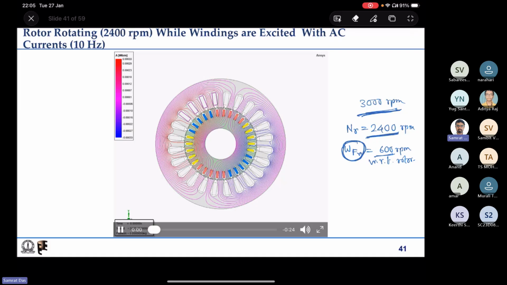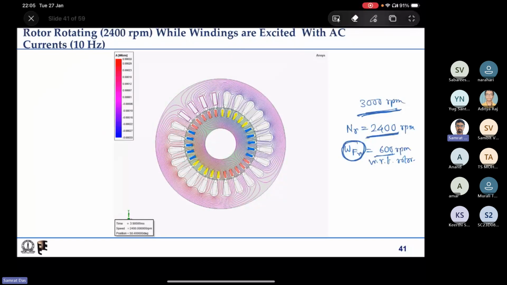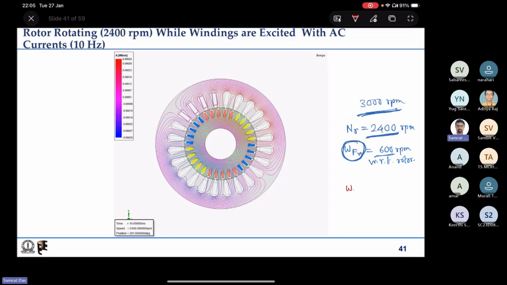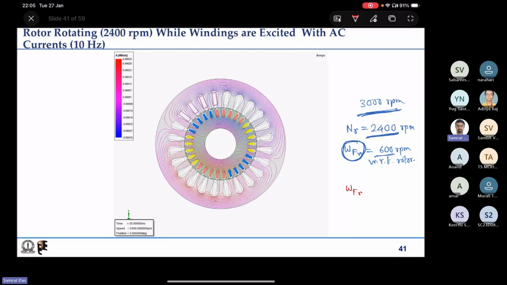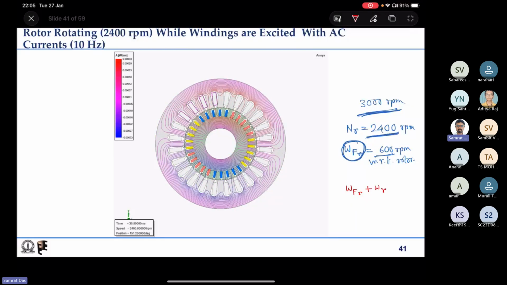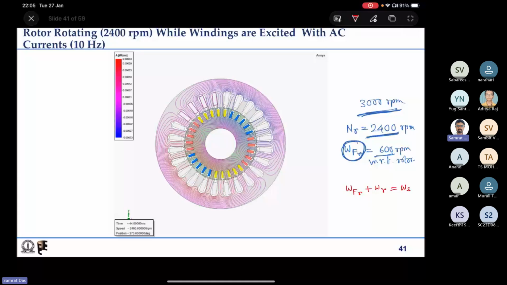Now you can see that the basic thing is N_r. So basically omega_fr, the rotor magnetic field speed with respect to the rotor, plus the rotor speed has to be equal to the synchronous speed. Now it can be anything.